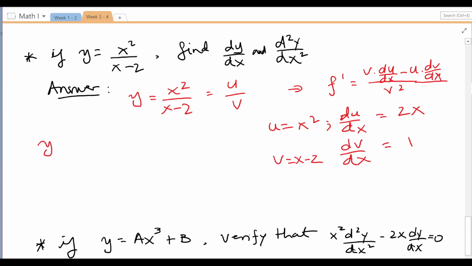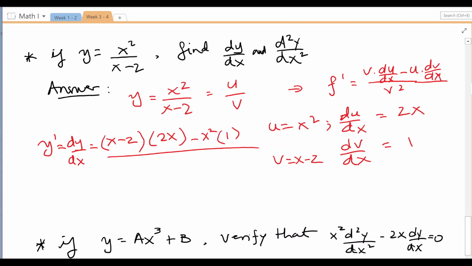Substitute all these values, so y prime, or the first derivative dy dx, equals v du dx, v is x minus 2, du dx is given as 2x, minus u, which is x squared, times dv dx, which is 1, over v squared, x minus 2 squared.